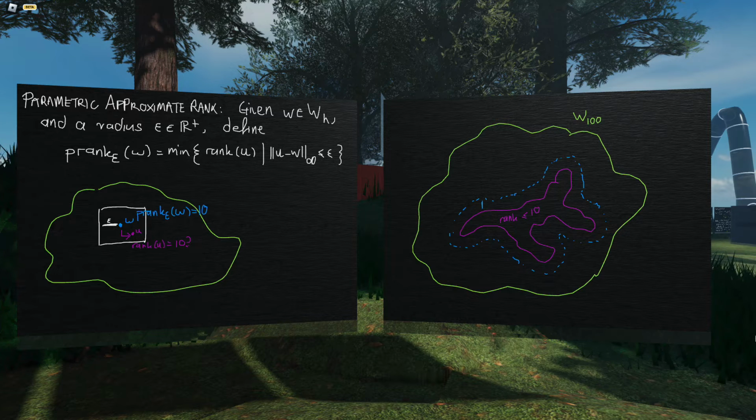Anyway, but say that these rectilinear distances are epsilon, then in this blue dotted region, these are the parameters with the parametric approximate rank epsilon less than or equal to 10. You can see by the definition that these definitions are going to be equivalent.